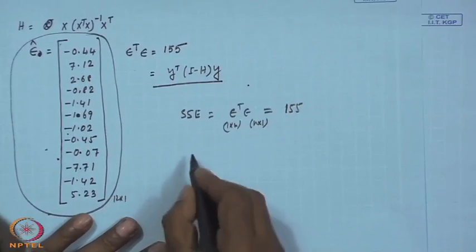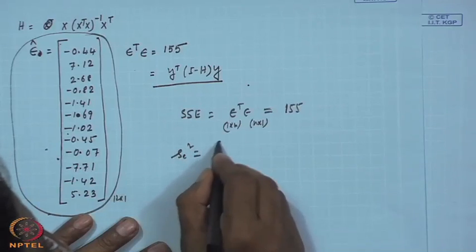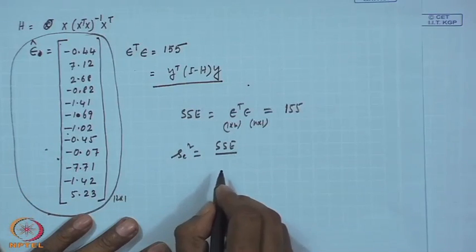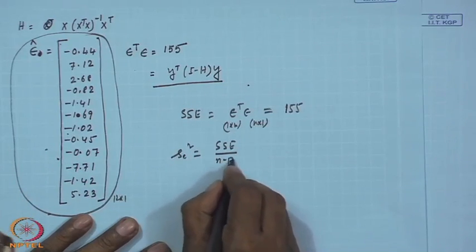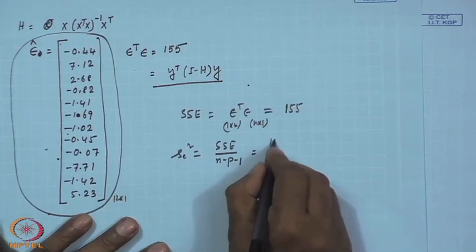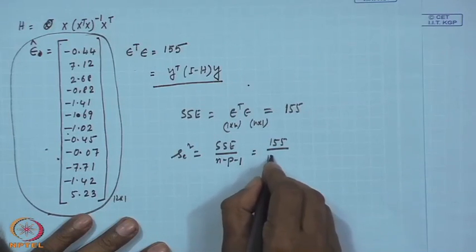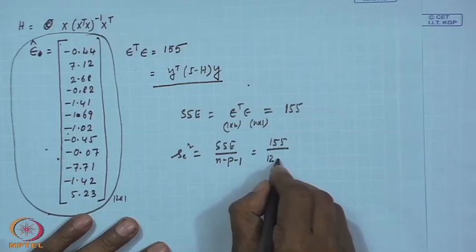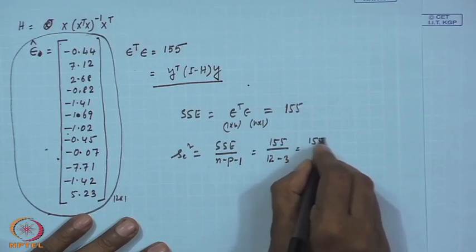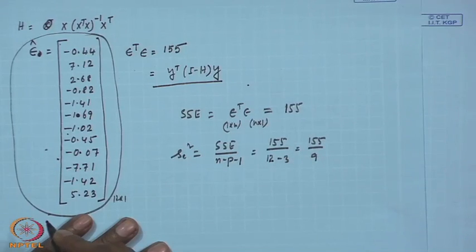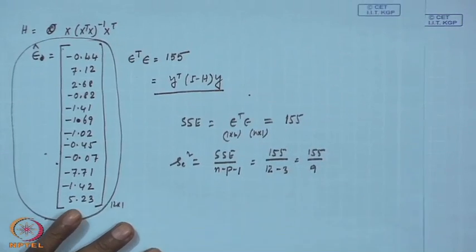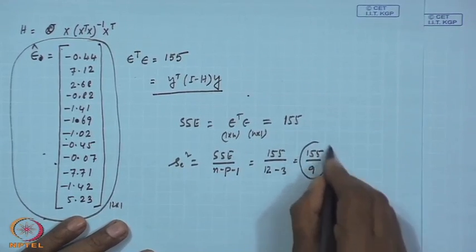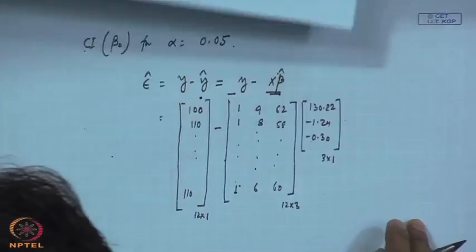Then what is s square? s square is SSE divided by degrees of freedom, n minus p minus 1. So, we can write 155 by 9, since n is 12 and p plus 1 is 3. So, 155 by 9. This 9 is known.